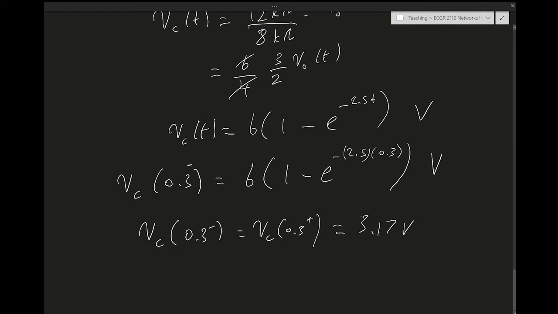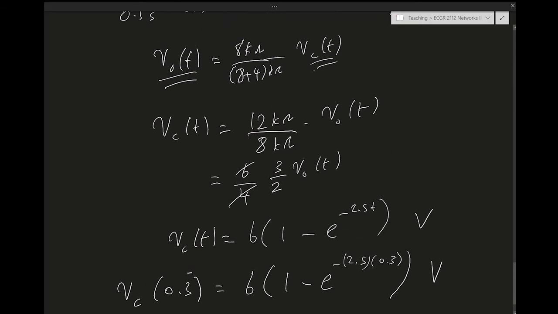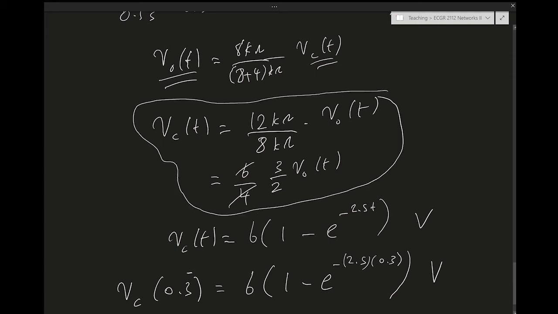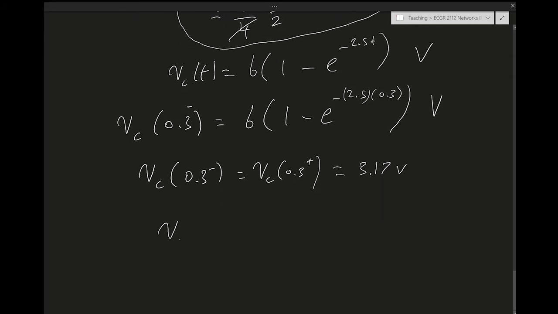And we said that we discovered that VO relates to VC just through a voltage divider. So VC is 3 over 2 of VO, so VO is 2/3 of VC. So VO at 0.3 plus and minus.